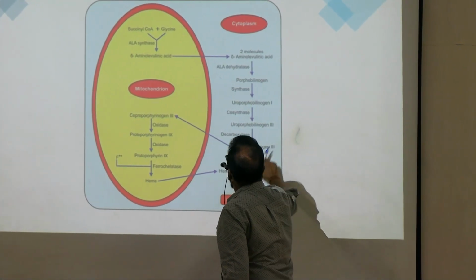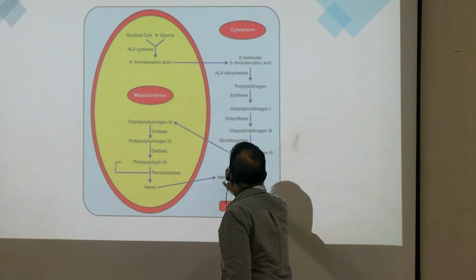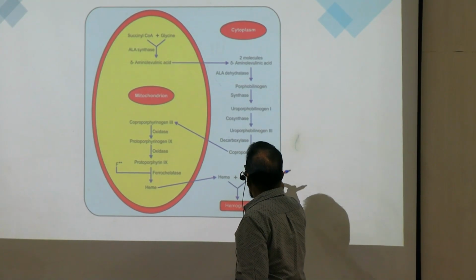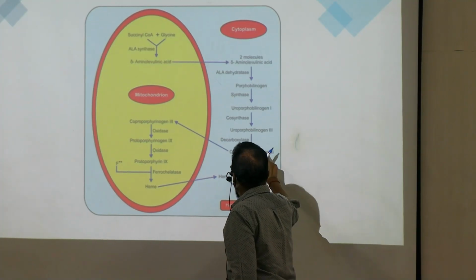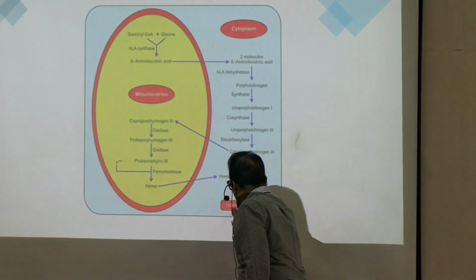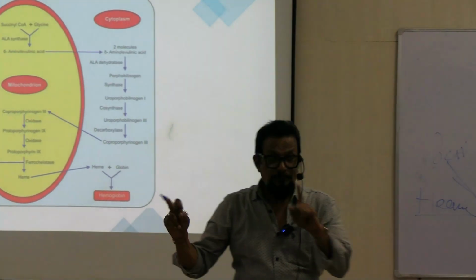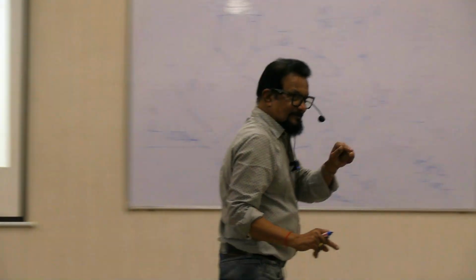Endoplasmic reticulum is present in the RBC cytoplasm, so here a lot of amino acids will be there, and with these amino acids globin will be formed. Now heme and globin will join together to form hemoglobin. Okay, so you have to learn hemoglobin biosynthesis.